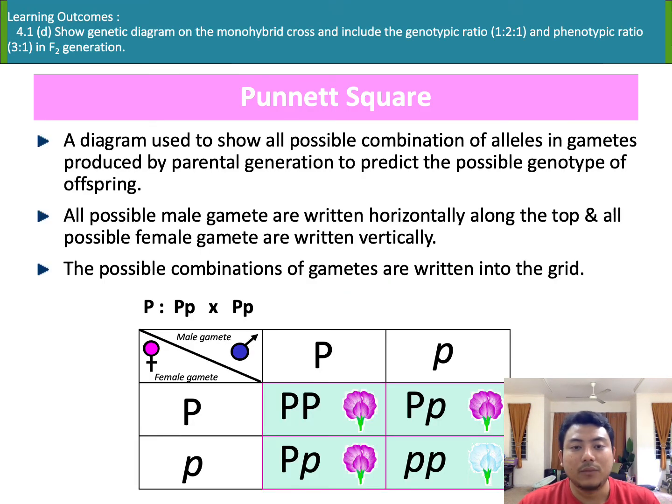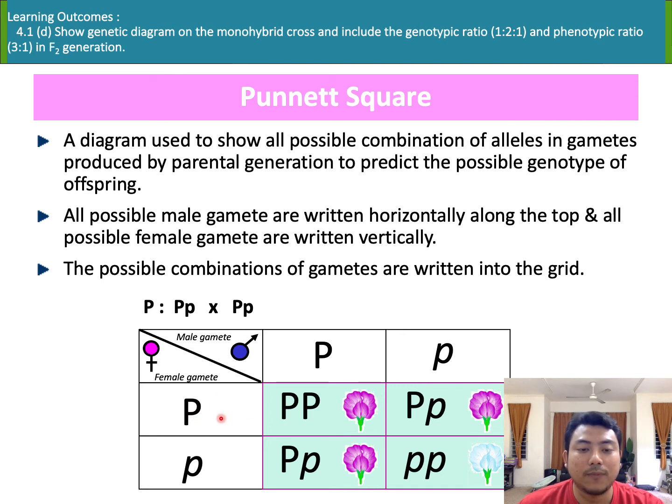Okay, on the other hand, we also can use a Punnett square to do the possible crossing between the gametes. Actually this is similar with the lines that we've drawn earlier, like this line and that line joined together, this line and that line joined together. It's just that this one we are using a table. It's being called a Punnett square after a scientist, Punnett.